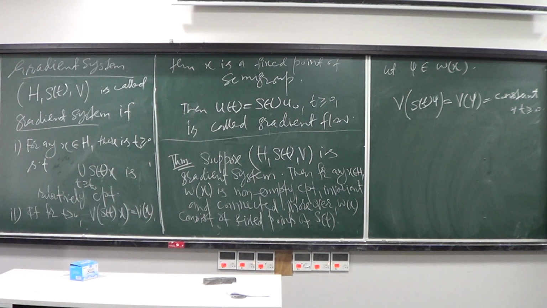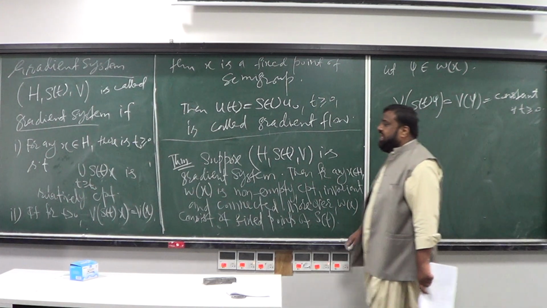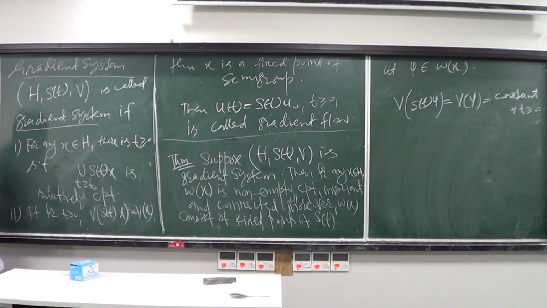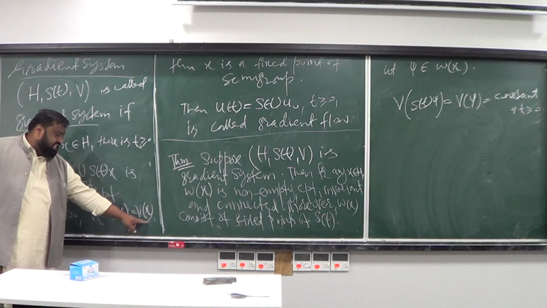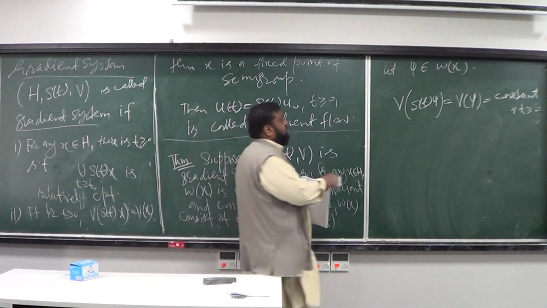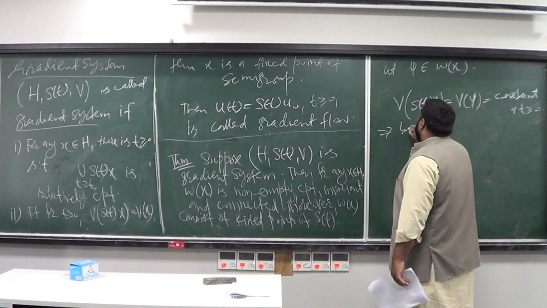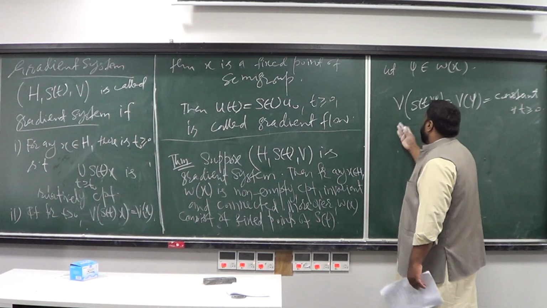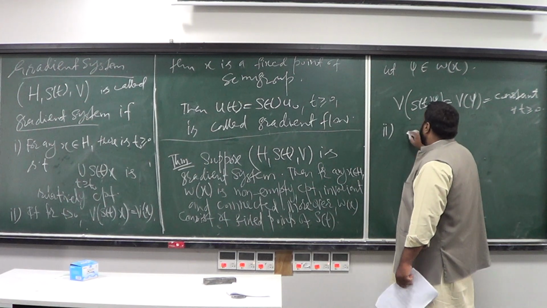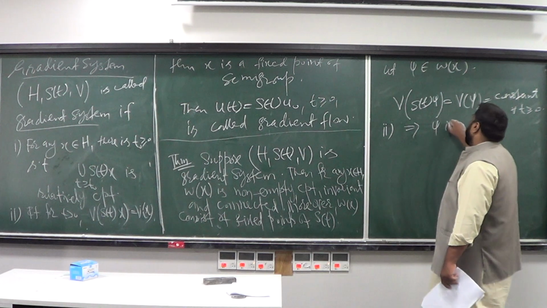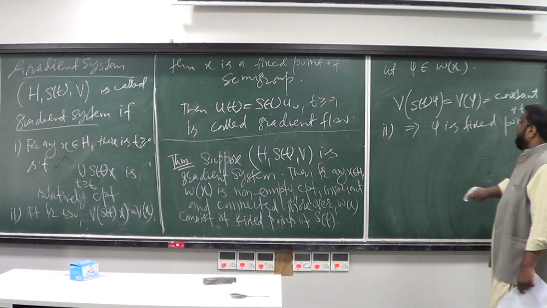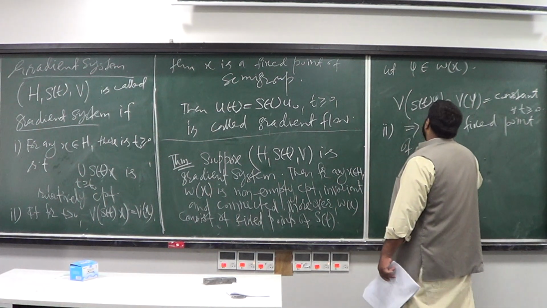And once you have it, combine it with the second part of the definition of the gradient system. If your (H, S(t)) is a gradient system and this holds, then such points are the fixed points of the semigroup. So by part 2 of the definition of the gradient system, psi is a fixed point of the semigroup.